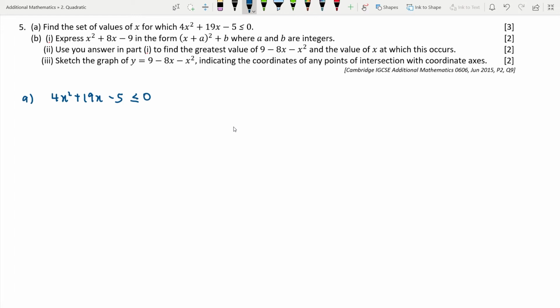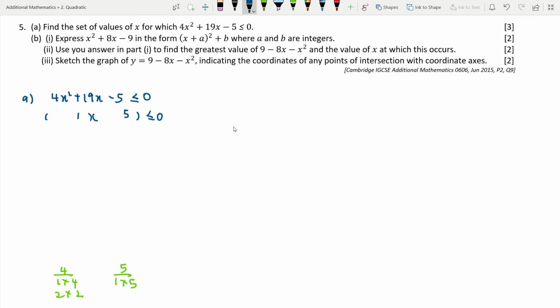First, we factorize the expression. Four can be 1 and 4, or 2 and 2. For 5, there's only one combination, 1 and 5. So I will write down 1 and 5 first.